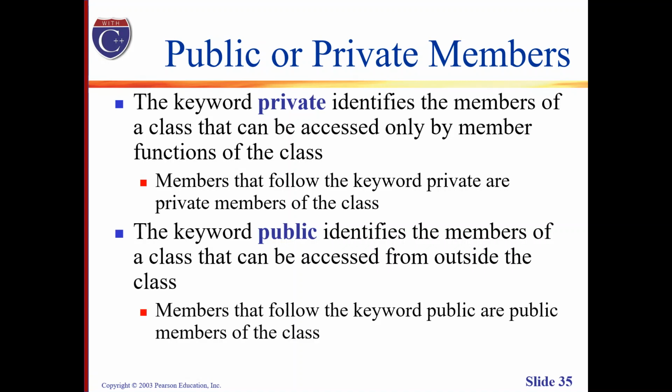Members that follow the keyword public are set as public members of the class. Therefore, all members of a class which are declared public can be directly accessed using the dot operator, as opposed to private member variables which can only be accessed using member functions.